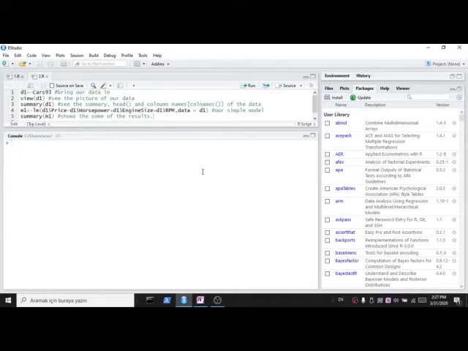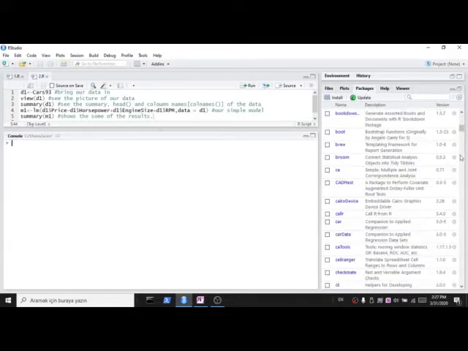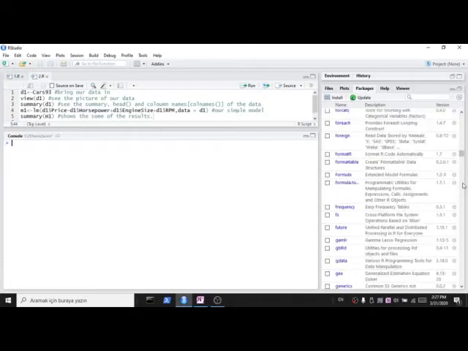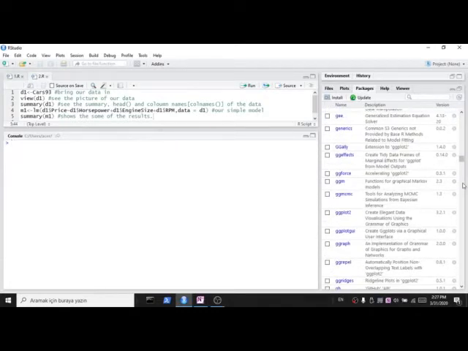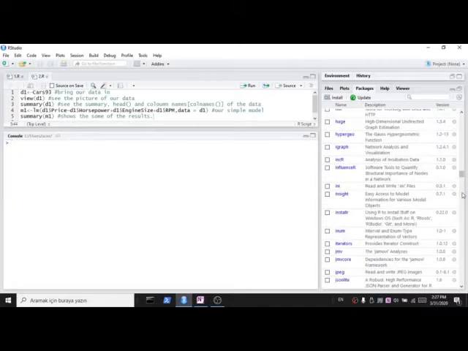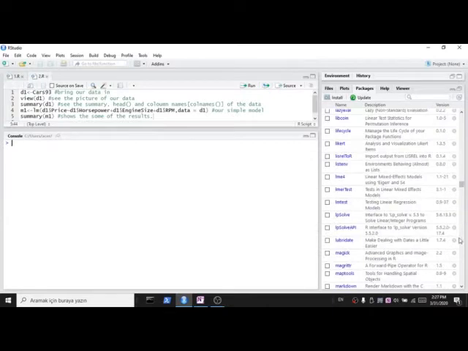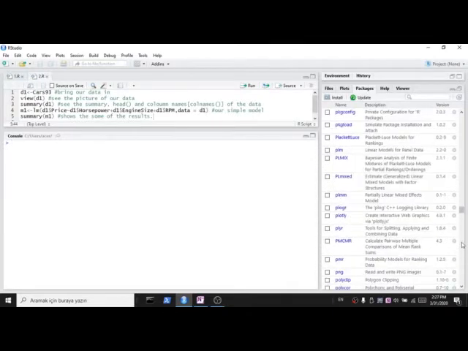To talk about everything that's in the base package, let's go to the package pane and see the libraries, the packages that we have. We have lots of packages here, but we are interested in two of them. One is the MASS package, which holds lots of datasets.